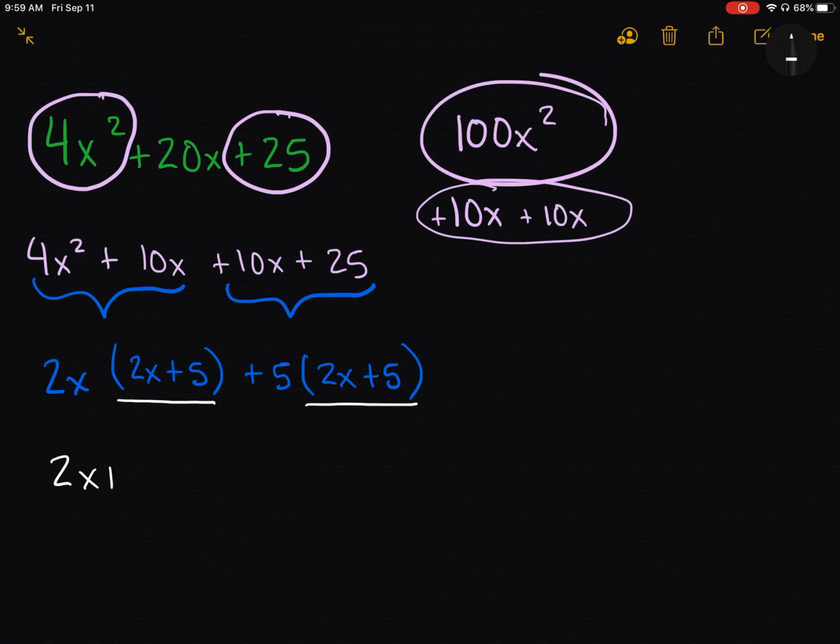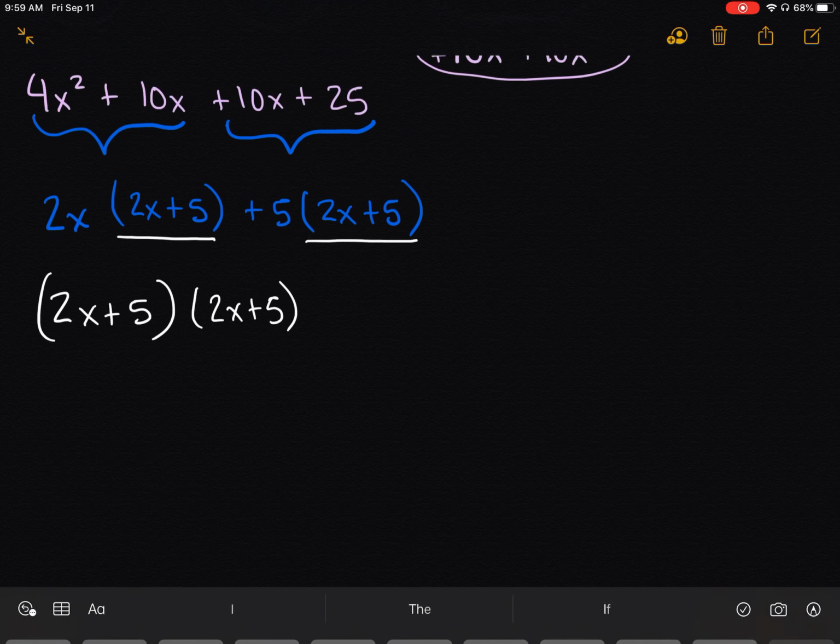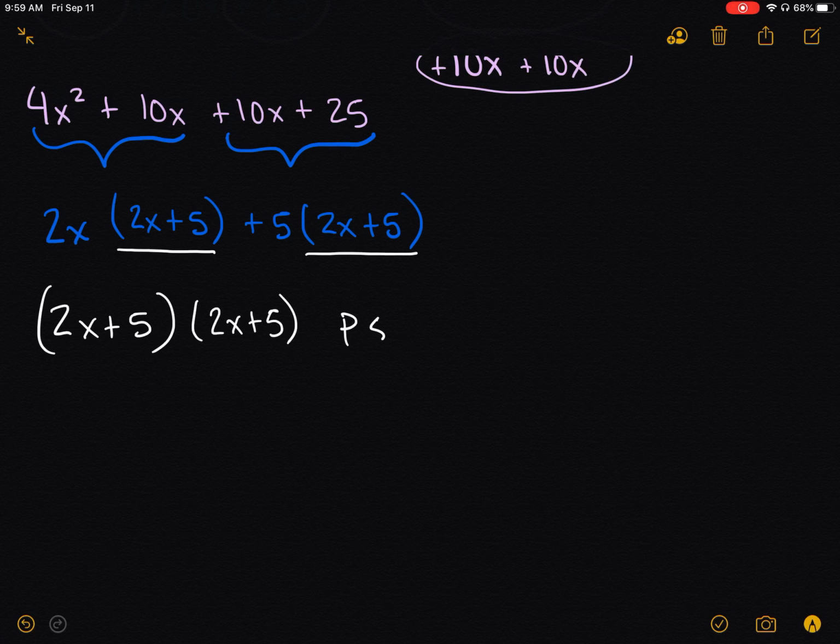We're going to take that out, so we get 2x plus 5, and if we take out the 2x plus 5, that means we have 2x plus 5 left over on the outside. So our factored version is 2x plus 5 times 2x plus 5, which means this is a perfect square trinomial.